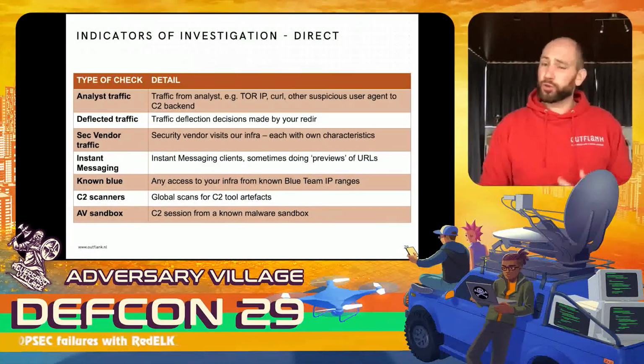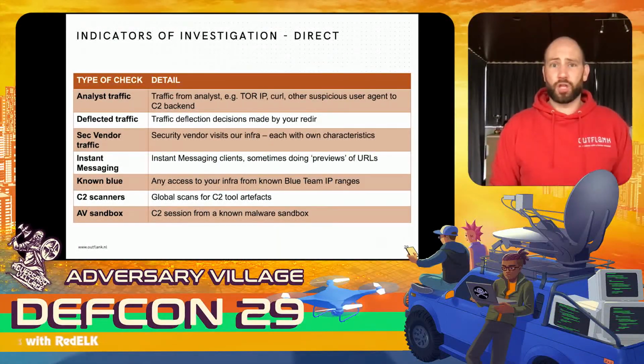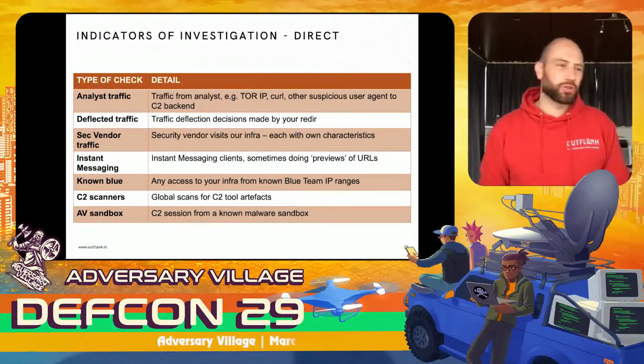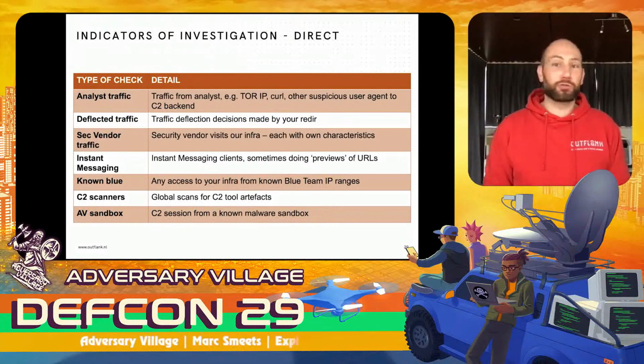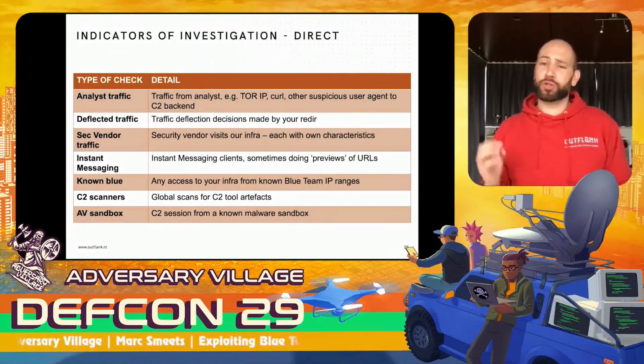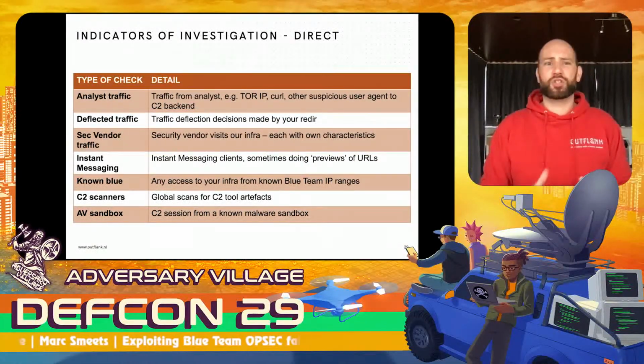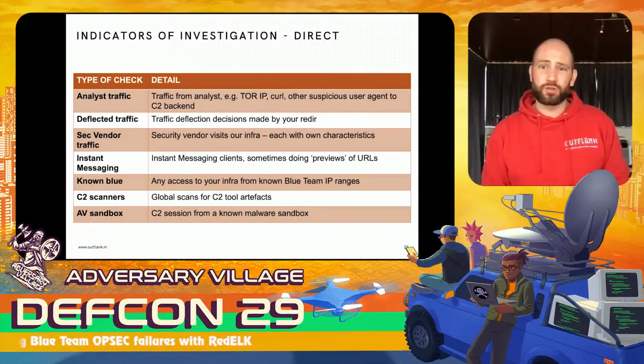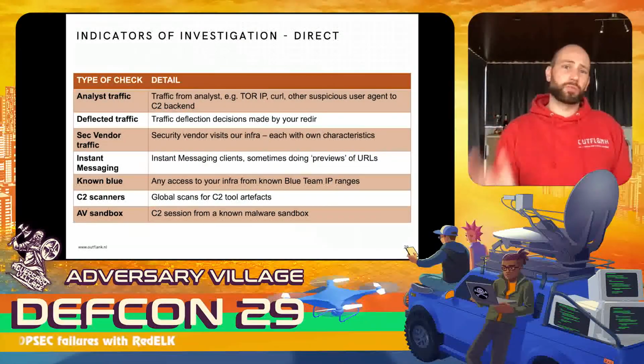Okay, as a summary, if we're talking about direct types of indicators of investigation, or maybe we should call it indicators of analysis or indicators of detection, I don't care, but if we look at the direct things, we can check for analyst traffic, so specific Tor IP addresses, curl user agents that are going straight to your C2 backend.